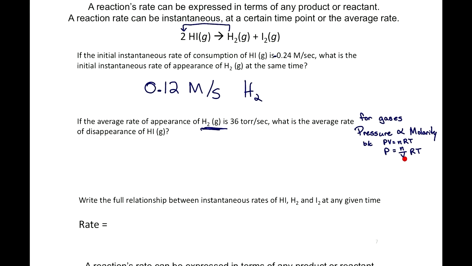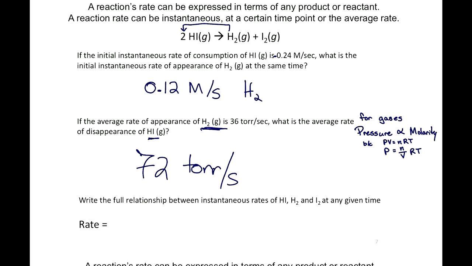So the relationship here, 1 unit of hydrogen for every 2 units of HI, what do we think that rate of consumption for HI will be? It's not going to be 36, it's going to be twice that. It's going to be 72, yes. Then I have to consume twice as much HI at any one point to get that rate of appearance of H2 in the same time interval.